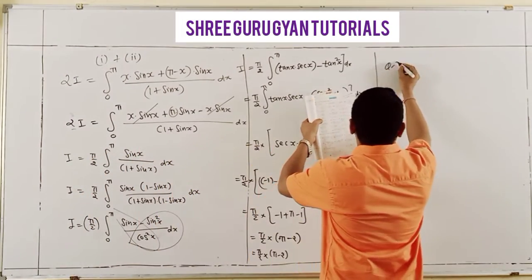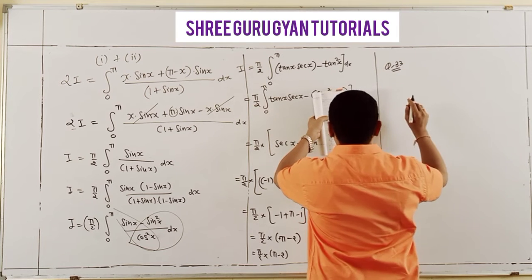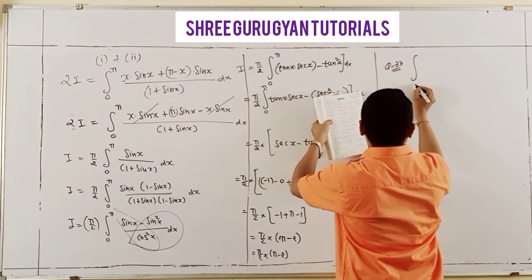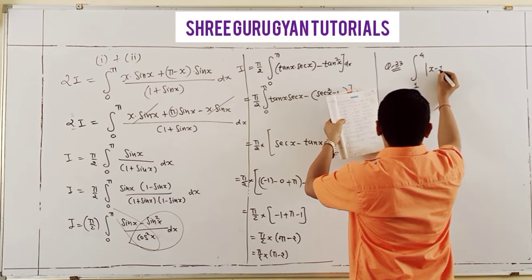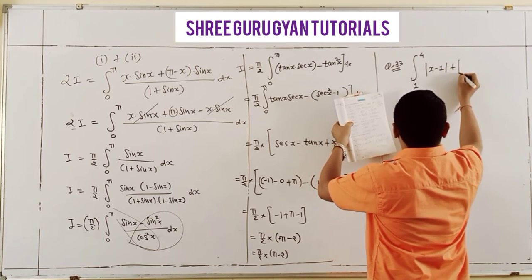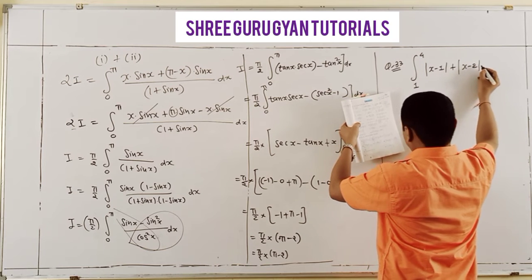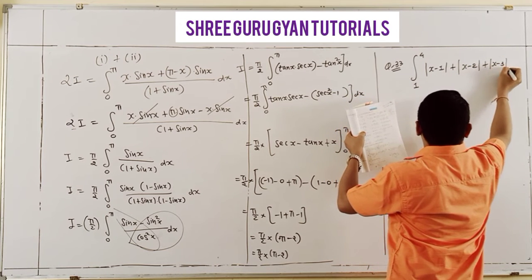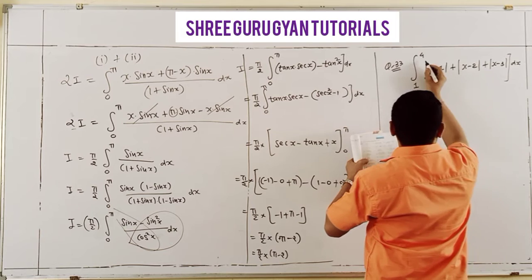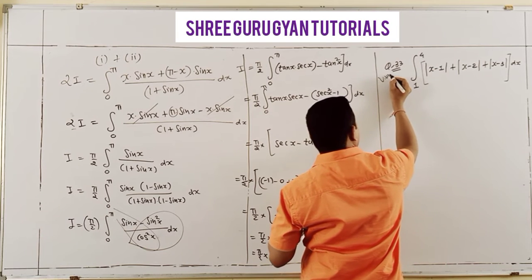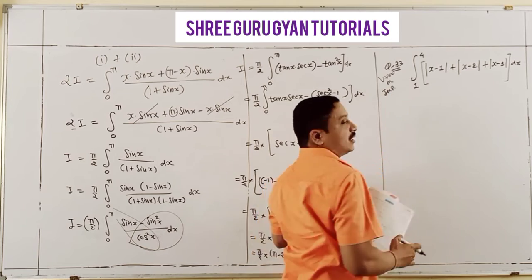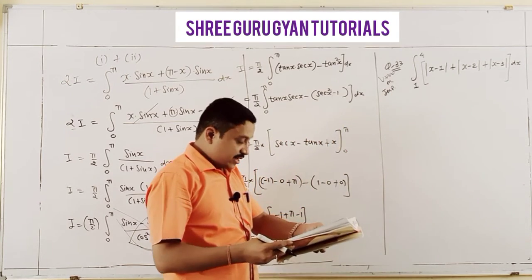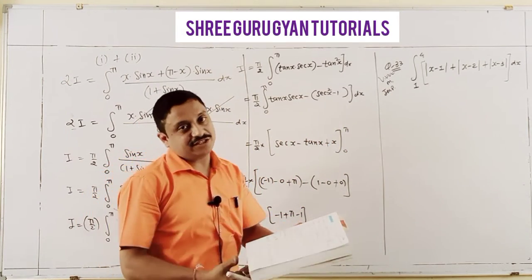Question 33: integration from 1 to 4 of modulus x minus 1, plus modulus x minus 2, plus modulus x minus 3, dx. It is also a very important numerical. x minus 1, x minus 2 and x minus 3, from 1 to 4.